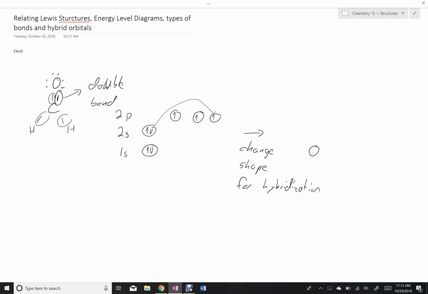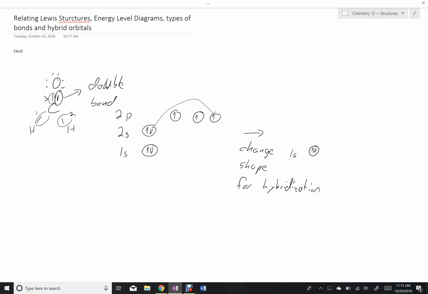So when we do that, our 1s electrons are obviously left alone. But what's going to happen here, and this is a little tricky, we have to count our number of bonds that actually represent single bonds, because those are all the bonds that have to remain the same. So this is a single bond, this is a single bond, and this is a single bond.